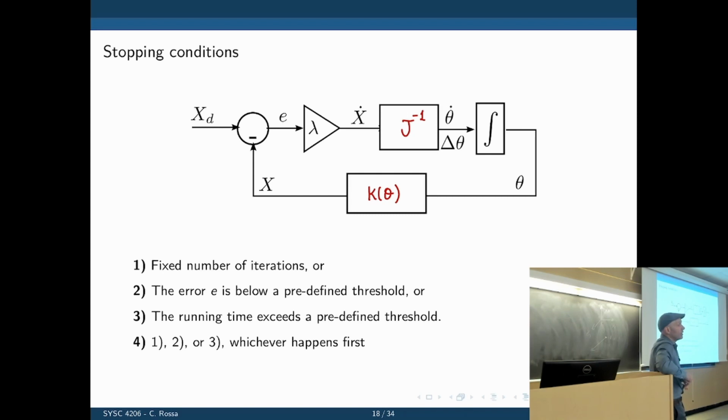What if the system is unstable, for example, and you're stuck there. Or you run it for a fixed amount of time, like 1 second, 2 seconds, or you can combine them and say whichever happens first, and then you stop. But there is no guarantee that this will actually converge to a solution.